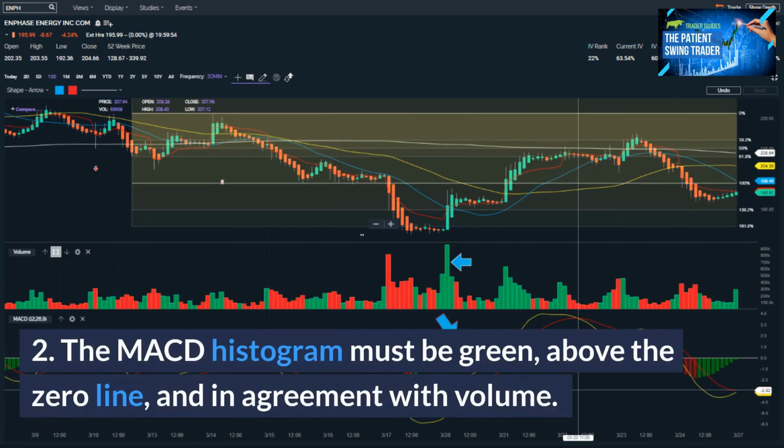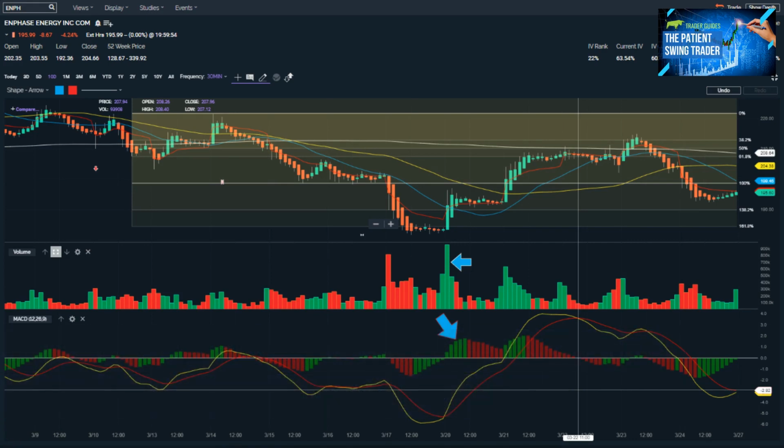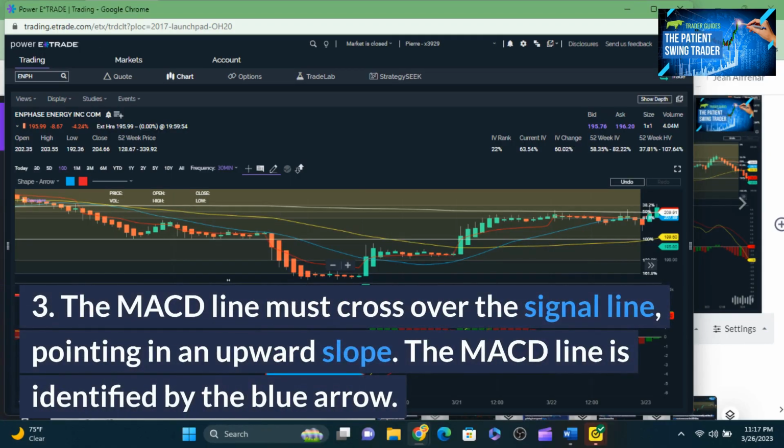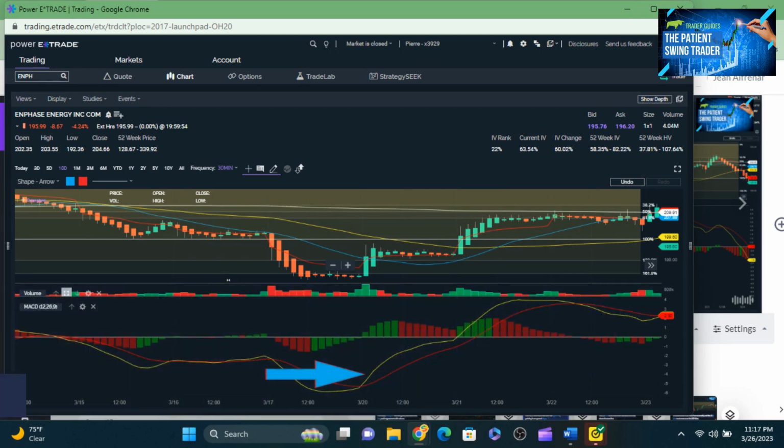The MACD histogram must be green, above the zero line, and in agreement with volume. 3. The MACD line must cross over the signal line, pointing in an upward slope. The MACD line is identified by the blue arrow.